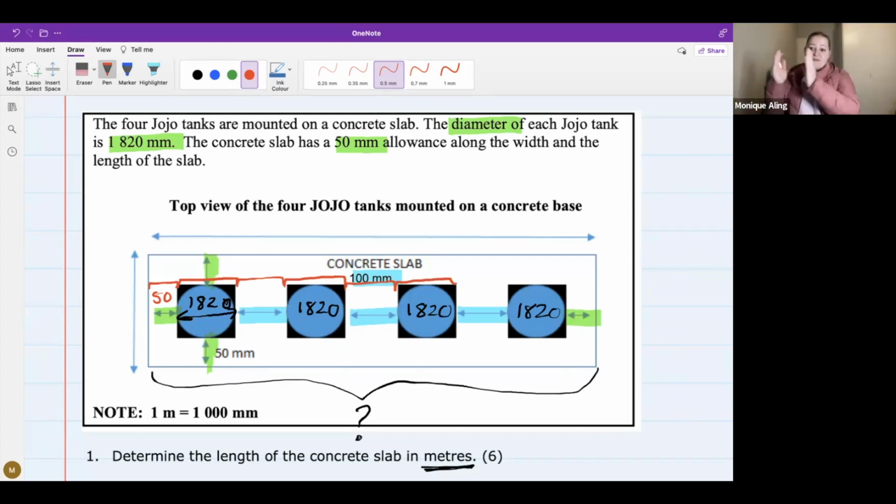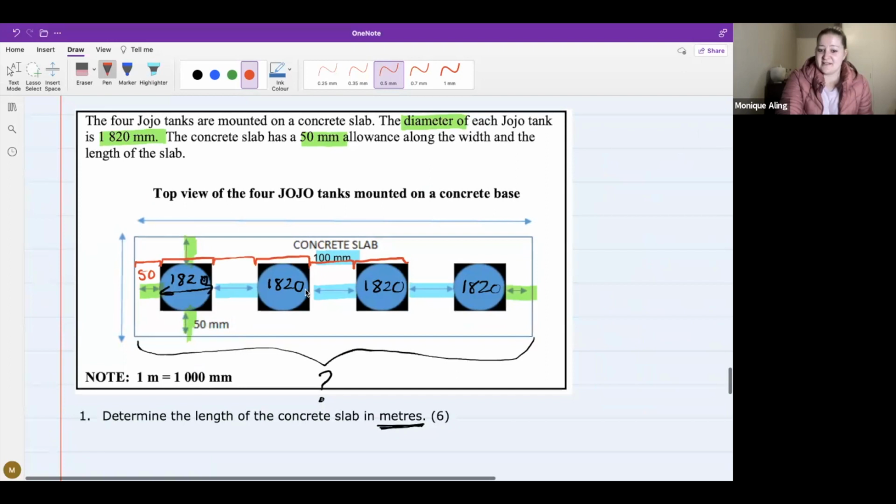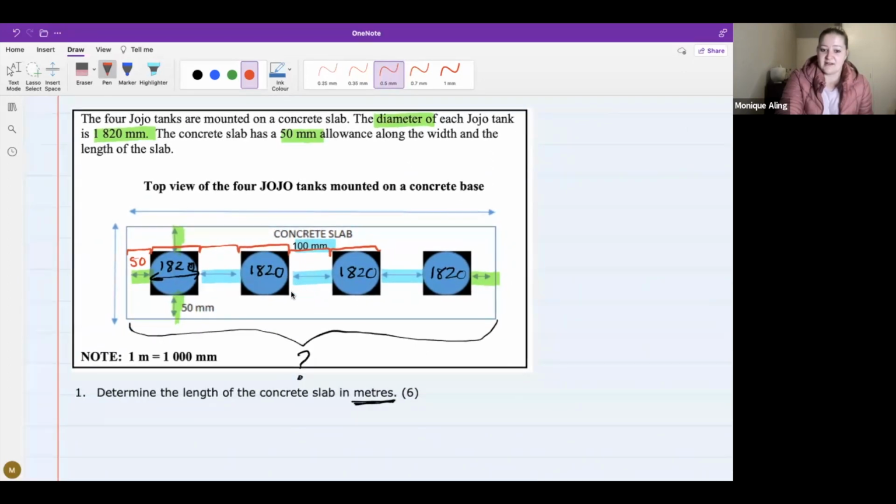You're going to add all of these measurements up to get the length of this concrete slab. And once you add all of that up, then you can convert, or you can convert all of these before into meters. But because it's quite an easy conversion, you can just do it at the end. So you're going to take all of those measurements and add them up because they all make up the length of that concrete slab.